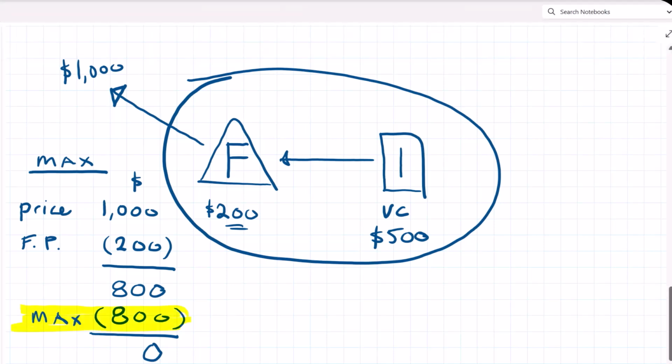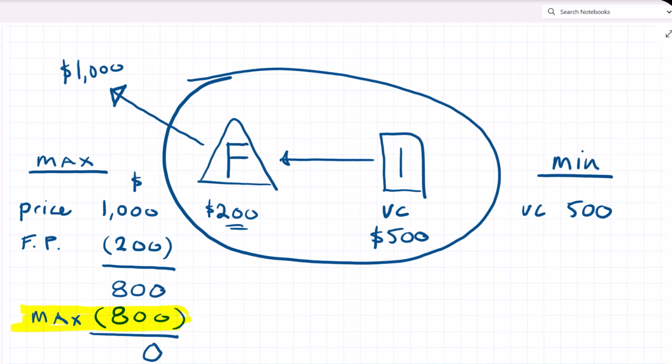Let's now calculate the minimum price that divisional manager I would accept. Well, divisional manager I has to cover their basic cost, right? So the minimum would be that variable cost of $500.